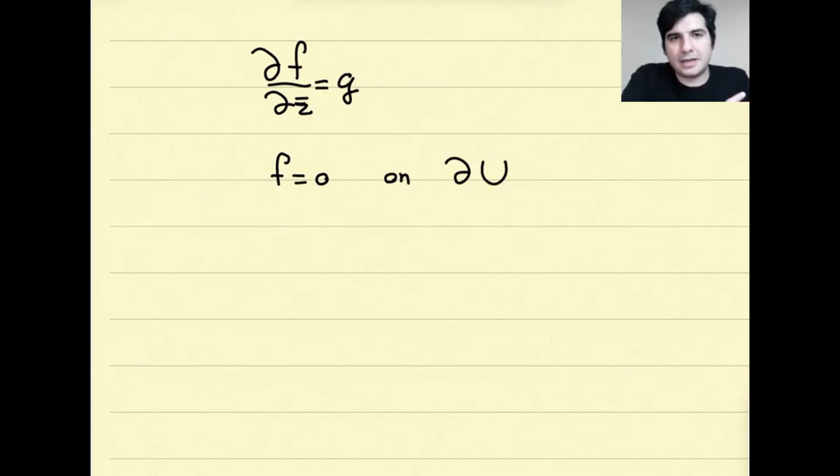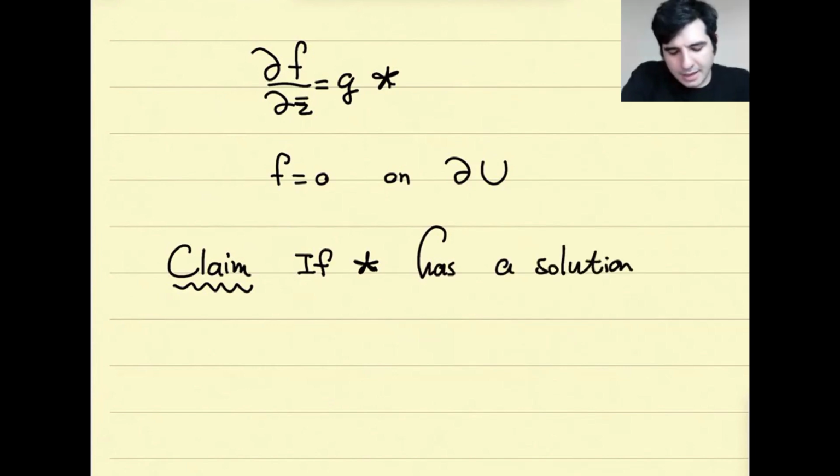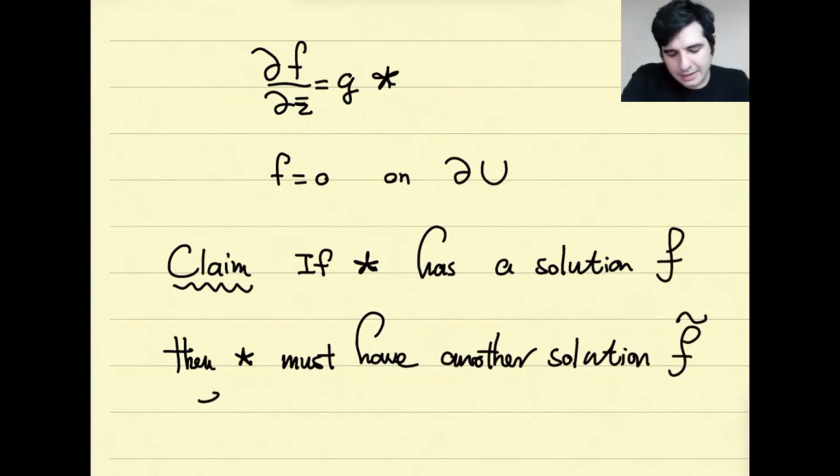The philosophical reason why this worked is the claim that if this equation, let's denote it with star, has a solution f, then star must have potentially another solution, f tilde, that is equal to zero on the boundary.